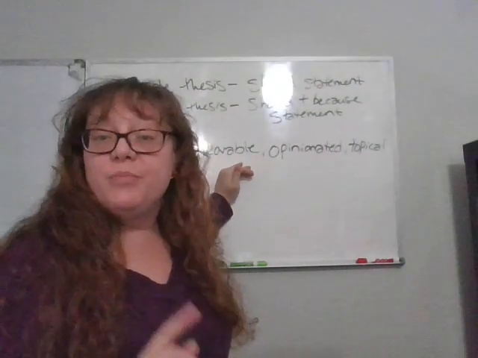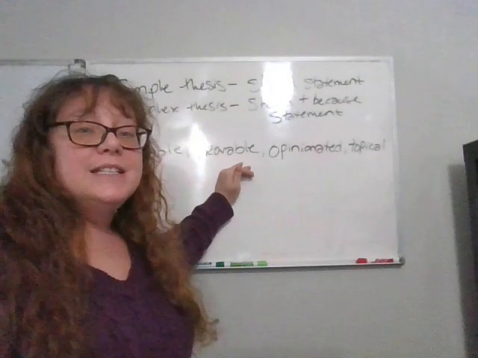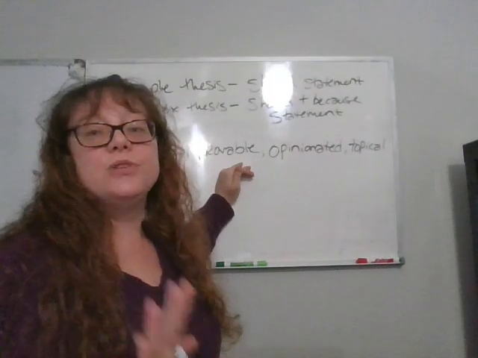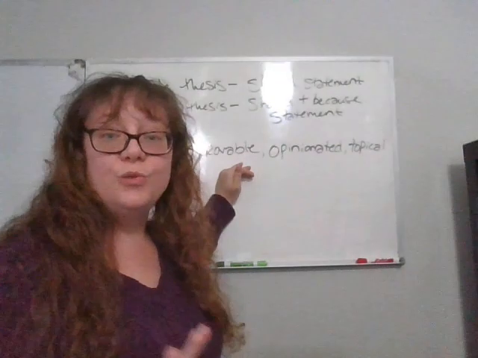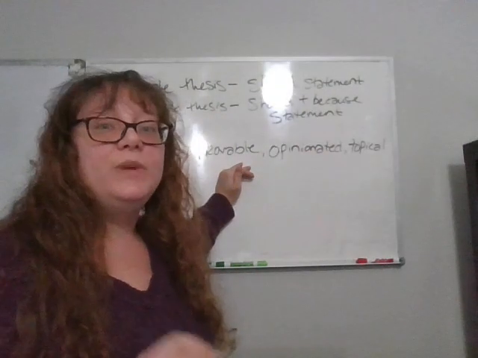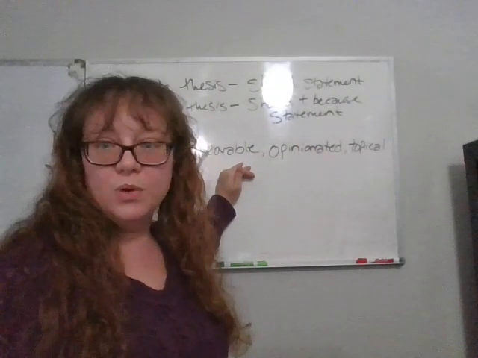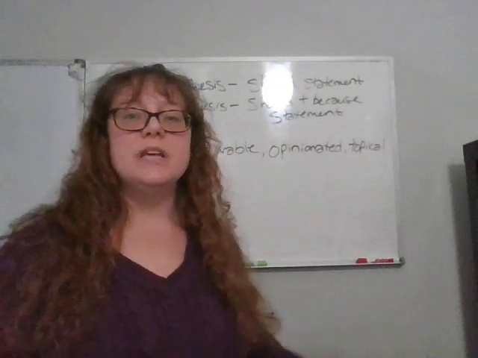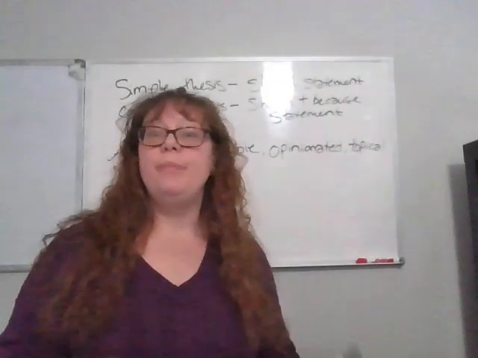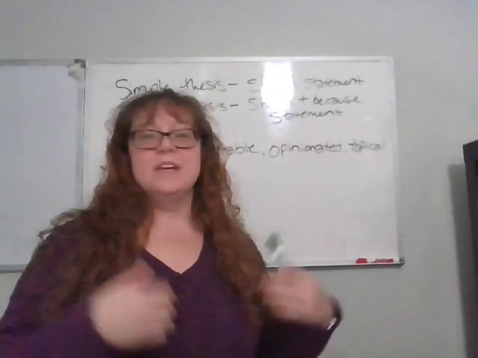It also needs to be provable, which is to say we have to be able to find evidence to back it up. This also means that we cannot use abstract words in our thesis. Words like good, words like best, words like beautiful, right?